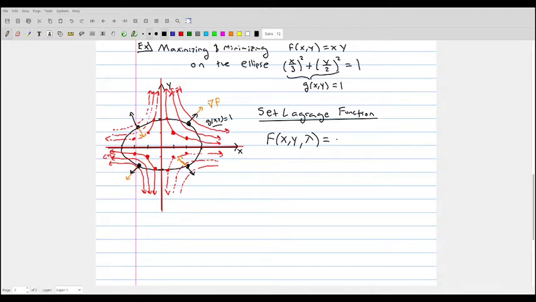And this is going to be the function that we're optimizing, which is x times y minus lambda times our g function, which is (x over 3) squared plus (y over 2) squared minus c, or minus 1.